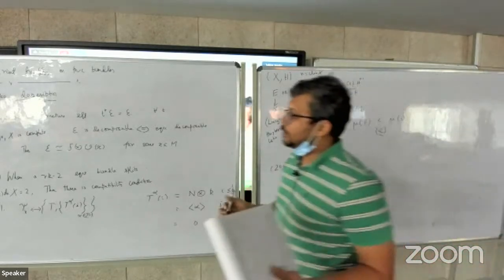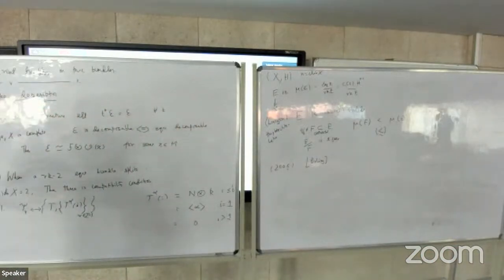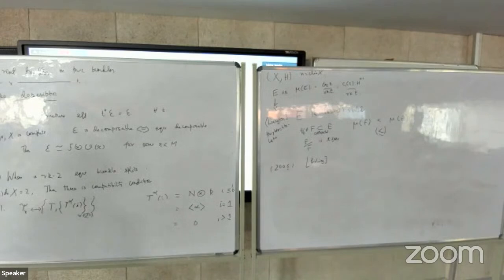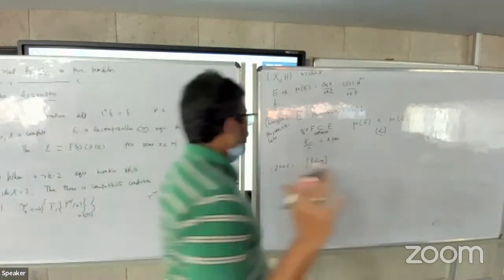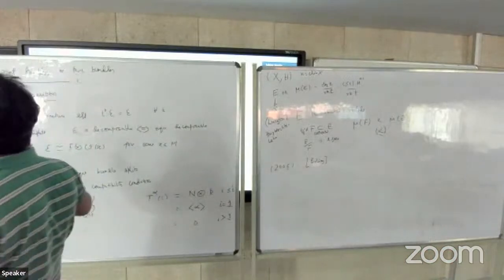The description of torsion free sheaf is more complicated. It involves a multi-filtration, not just one filtration. It will be more complicated, but for our purposes we are interested in subsheaves of some bundle.